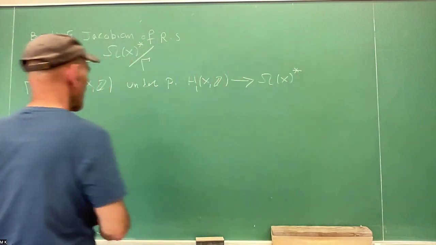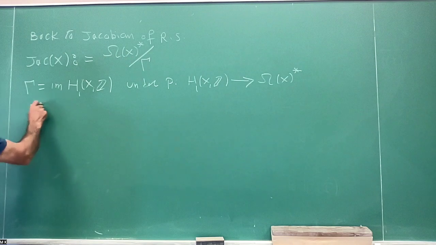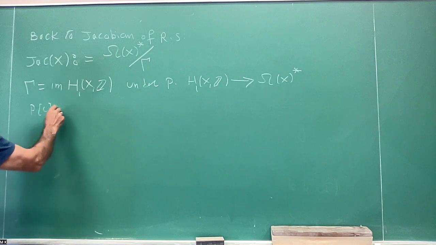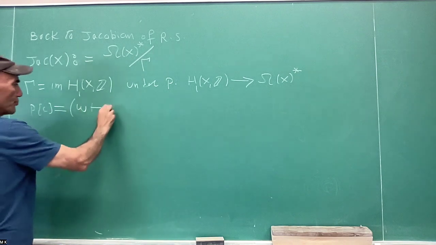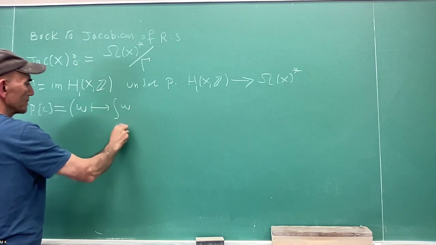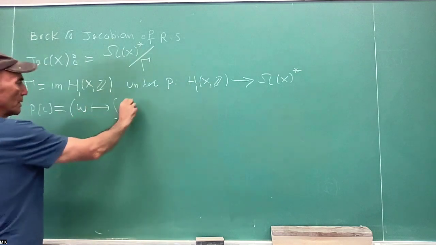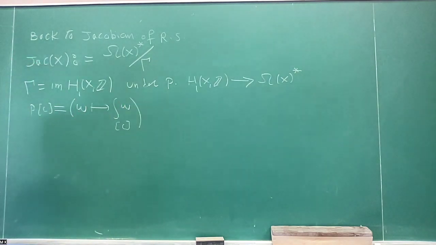What is this map? P of the class of C is the map that sends a holomorphic one-form omega to the integral of omega over C. This is just integration to be computed.